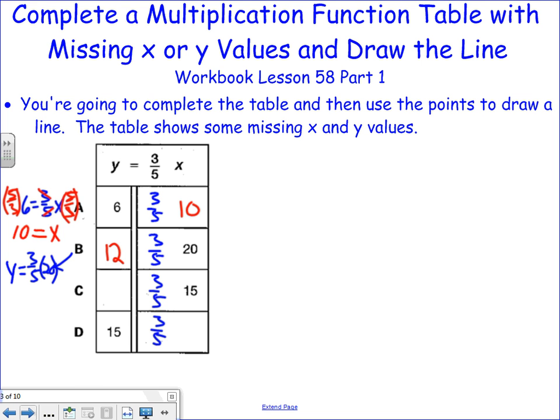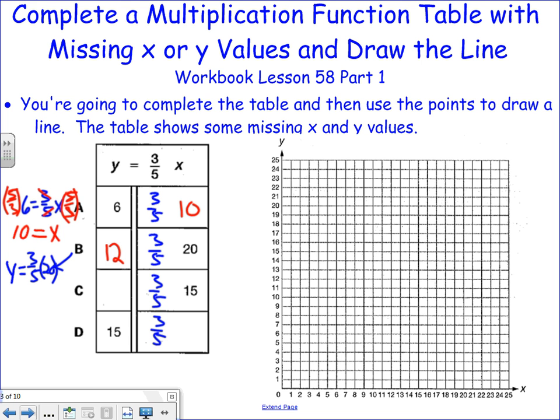What you need to do then is go ahead and graph them. So you already have this graph on your workbook sheet. Now remember, so for A, we have an ordered pair here. Remember the X always comes first. So our ordered pair is 10, 6. For B, our ordered pair here is 20, 12.